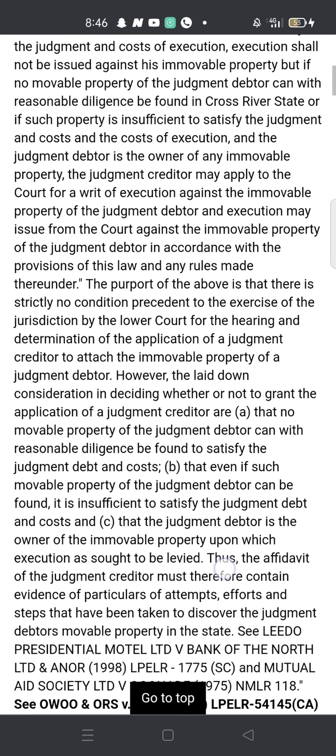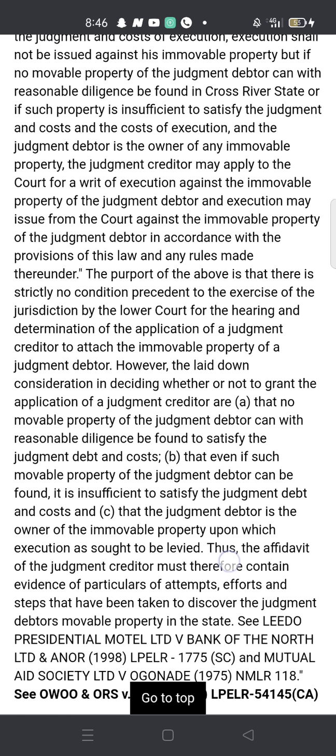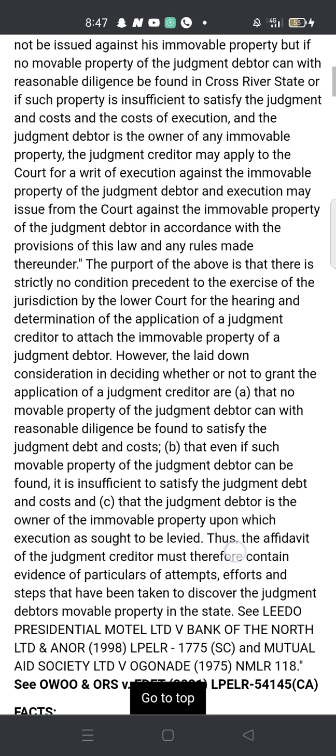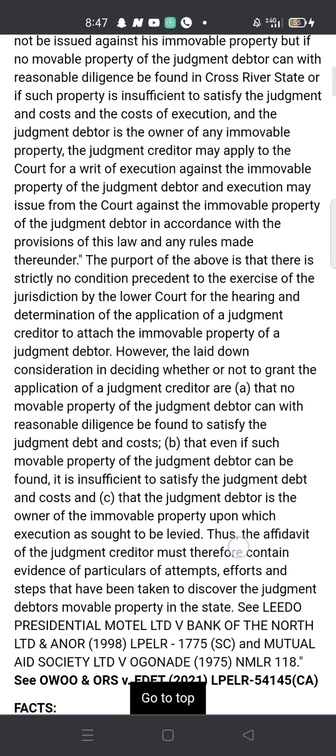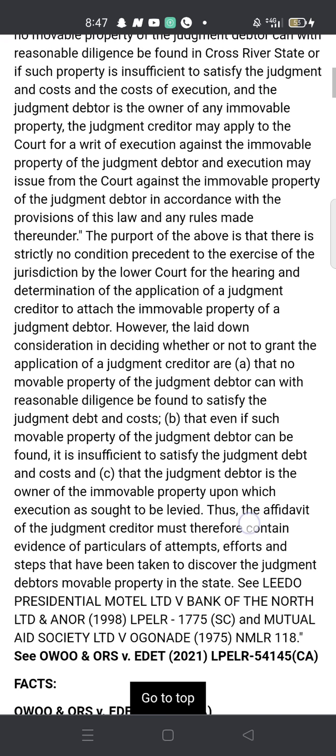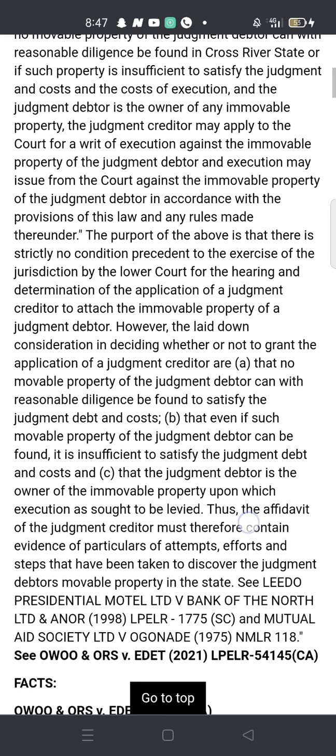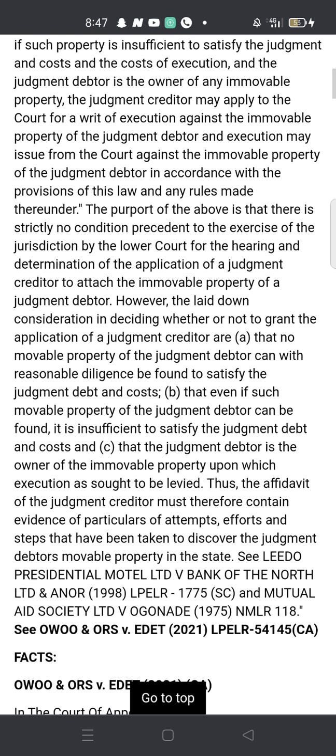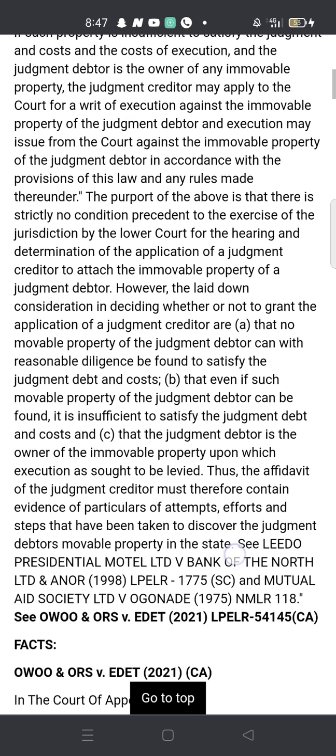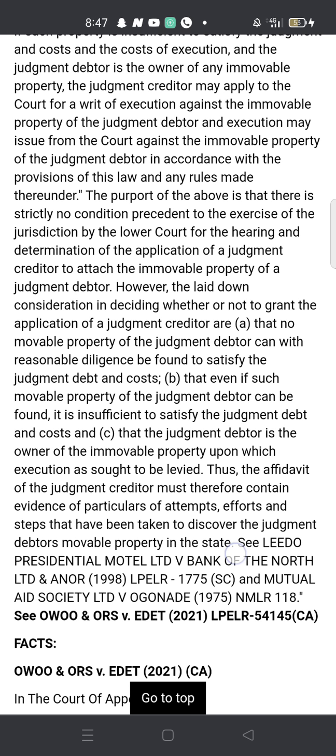However, the laid down considerations in deciding whether or not to grant the application of a judgment creditor are: A. That no movable property of the judgment debtor can, with reasonable diligence, be found to satisfy the judgment debt and cost. B. That even if such movable property of the judgment debtor can be found, it is insufficient to satisfy the judgment debt and cost.